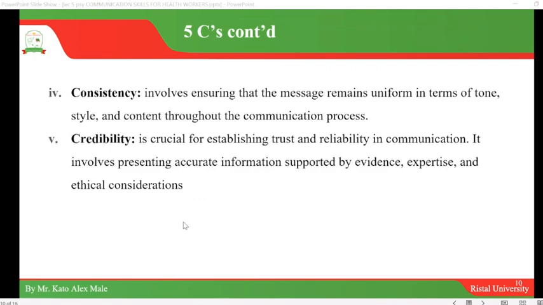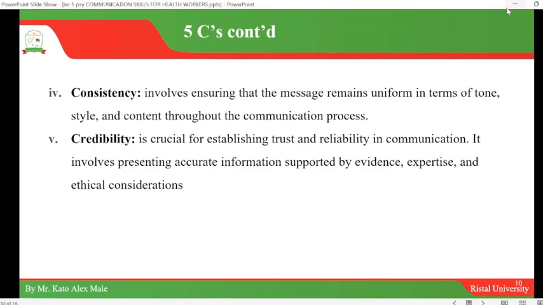In other words, you shouldn't say something different at the reception of the patient, and then later say something different again. That makes your patient lose trust in what you're communicating to them. So you must ensure that you promote expertise, and also you must be ethical in your communication. And that's the fifth C of effective communication: credibility.